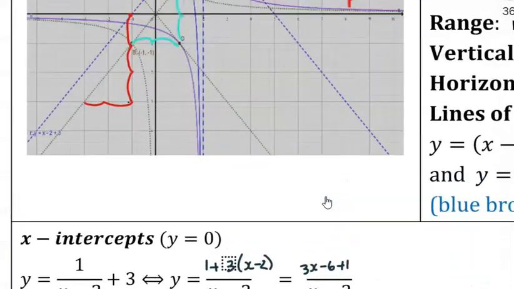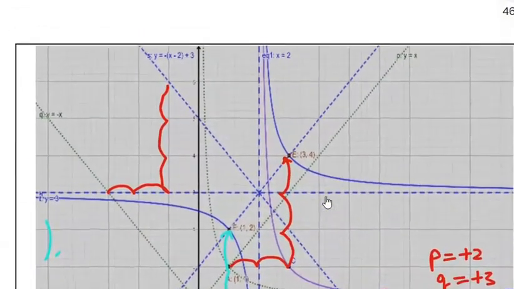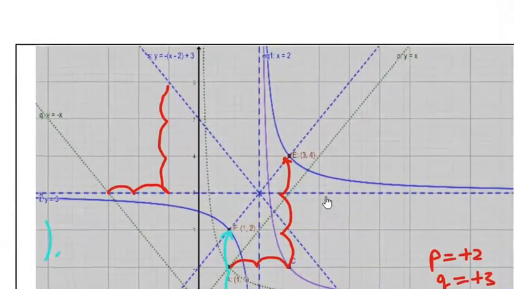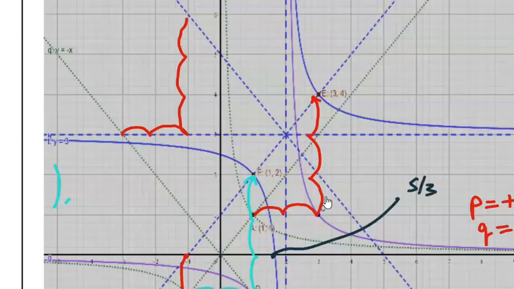We could not read off that 5 over 3 accurately here, but this is my x-intercept, 5 over 3, which is here, and this is my 5 over 2 for my y-intercept. And there is my graph.